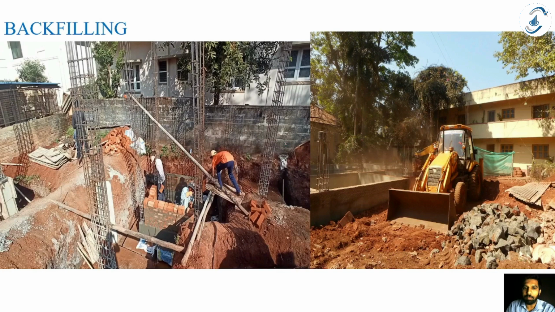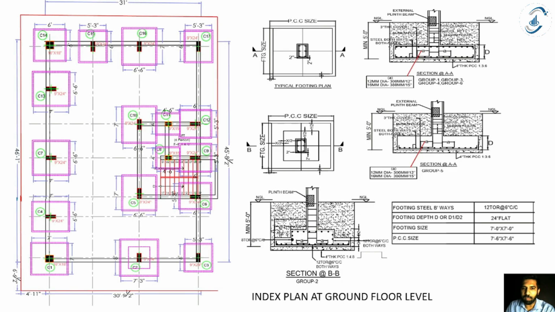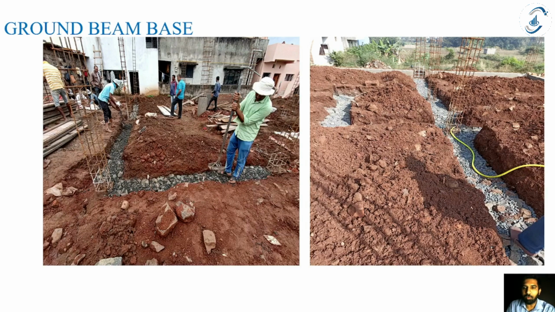Next is my plinth beam. So you place the pedestal column and you do the backfilling here now. So this is how you do the backfilling, and you place your plinth beam here. Right now I'm not going into detail about the construction sequence.